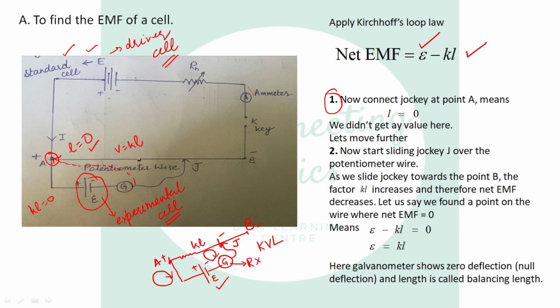A point will come in the potentiometer wire where this galvanometer shows 0 deflection. Let us say this point C is the point where the galvanometer shows 0 deflection.